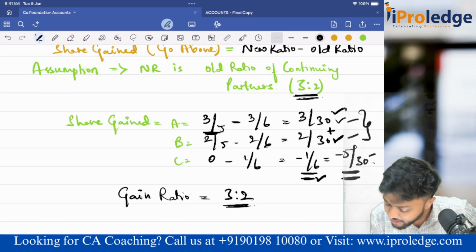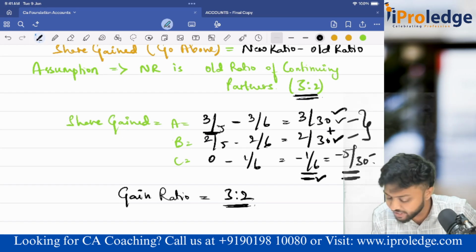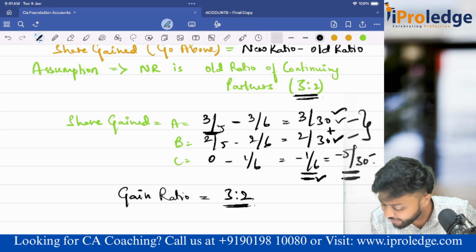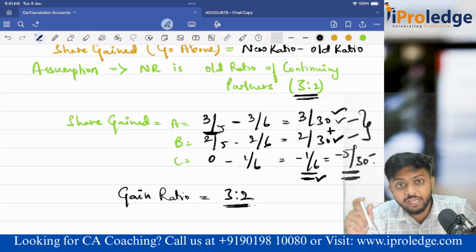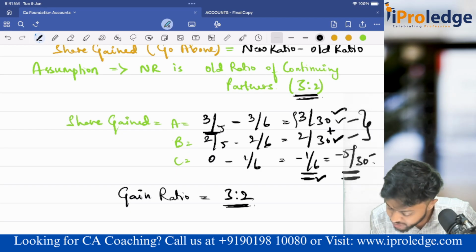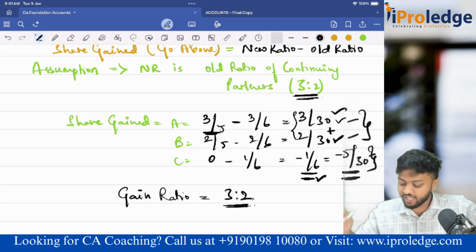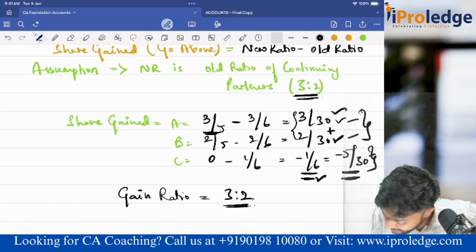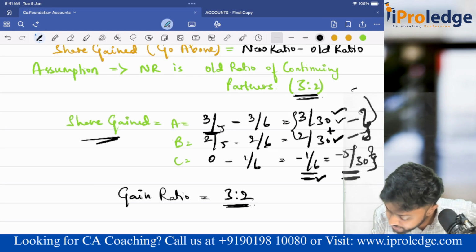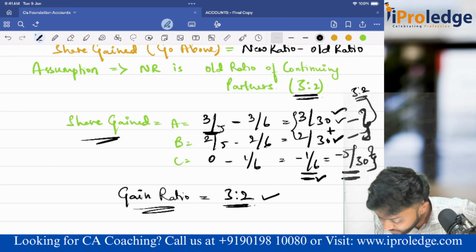Now let's see, 3 by 30 plus 2 by 30, which is 5 by 30. Here it is 1 by 6. Let's convert it into the same denominator, into 5, and you'll get minus 5 by 30. So here also 3 plus 2, 5 by 30. Share sacrificed 5 by 30, matching. Everything is done. If this is the share gained, then this is the gain ratio. We just now found the gain ratio, so the gain ratio has become 3:2.